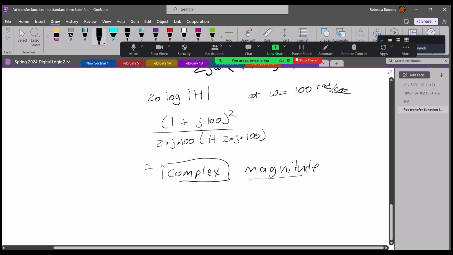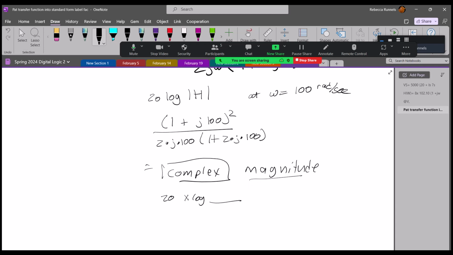Once I find the magnitude, I take 20 times the log of it, and that is the answer. That's the same thing you get from using all of the simplifications, so it can be a way to check it.